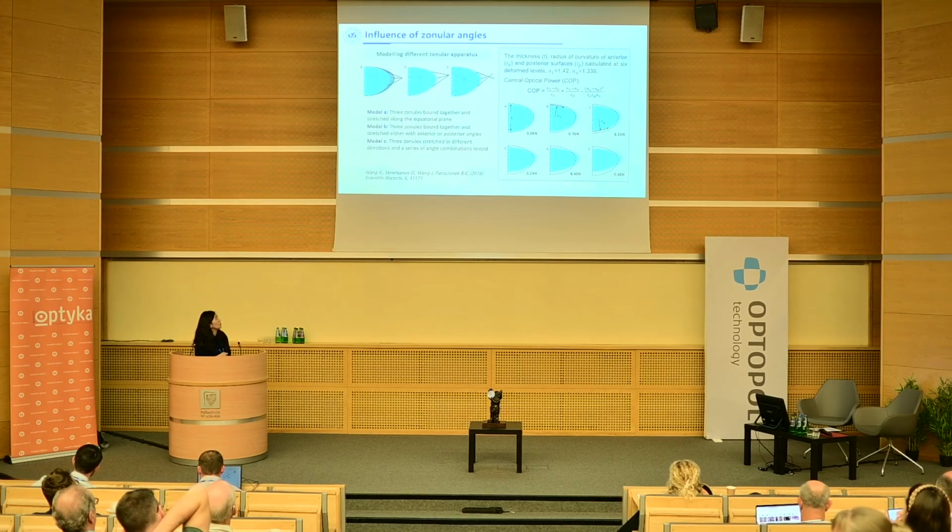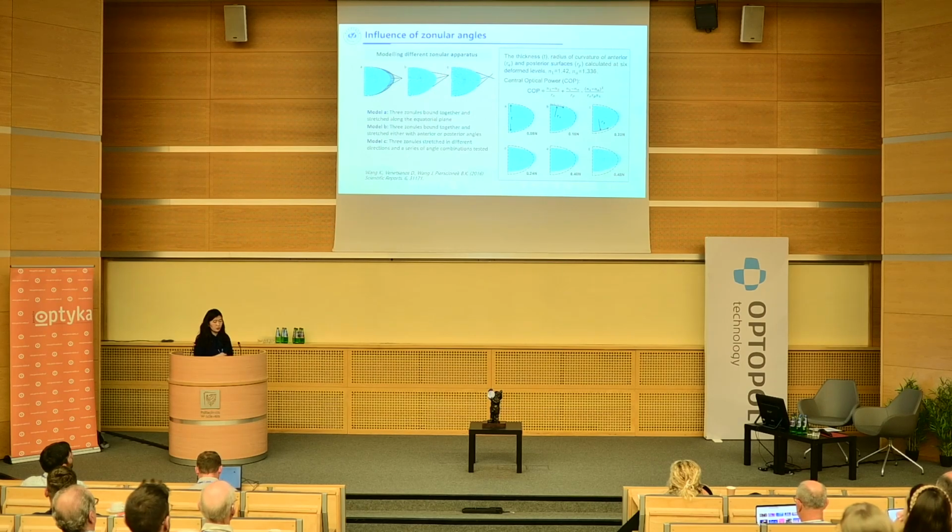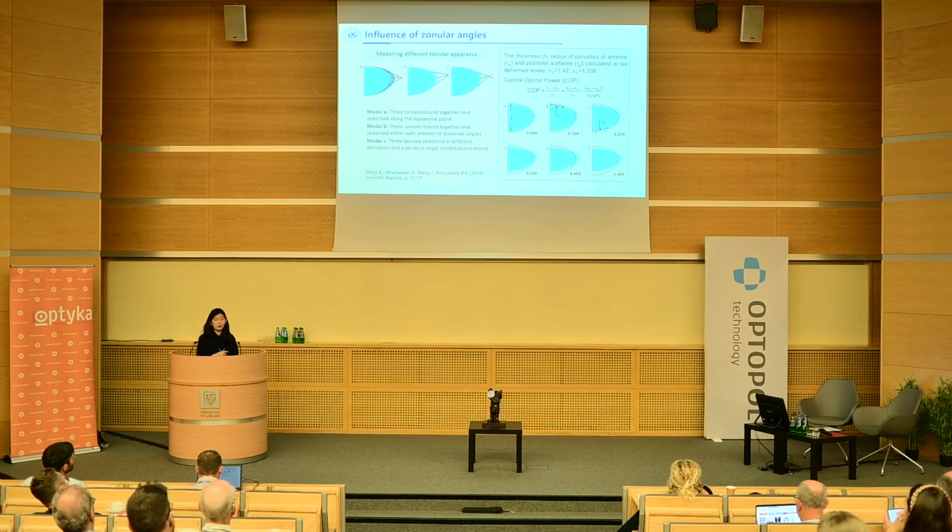And in model B, we have then altered these to different angles, either anteriorly or posteriorly. And for model C, we have provided the 3 zonules with the ability to move in different directions independently.